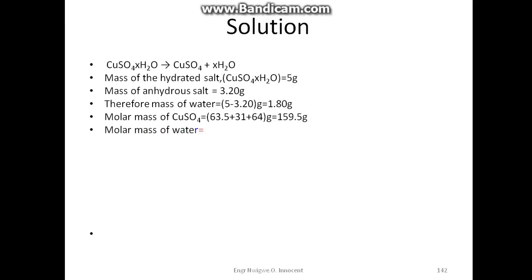The molar mass of water is 2 for hydrogen plus 16 for oxygen, which is 18.